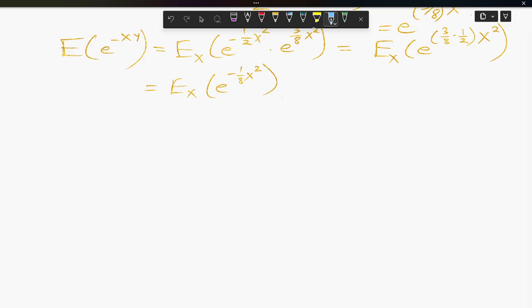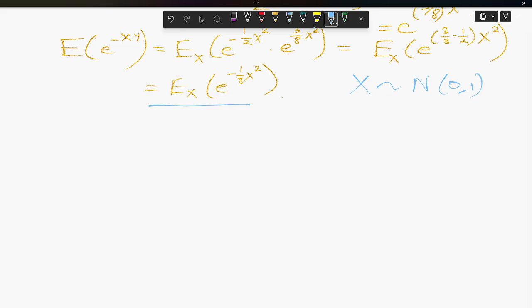As we know, X is approximated by the normal distribution N(0, 1). Then this expectation is the moment generating function of X square evaluated at t equals minus 1 by 8.